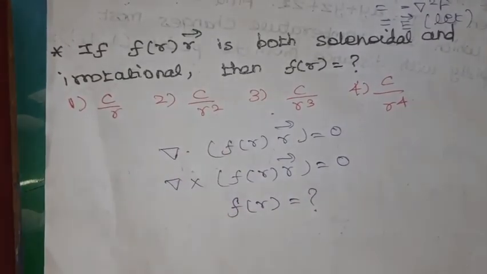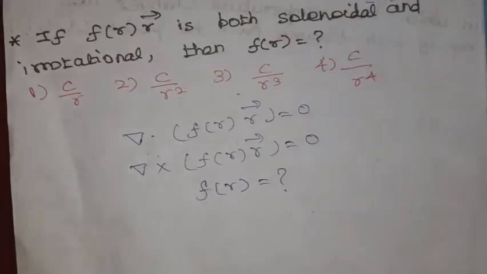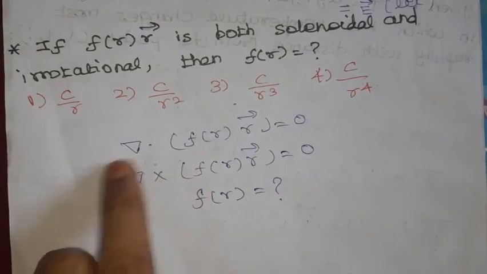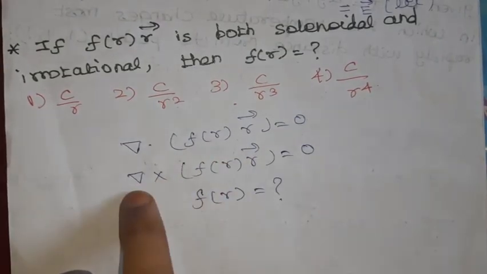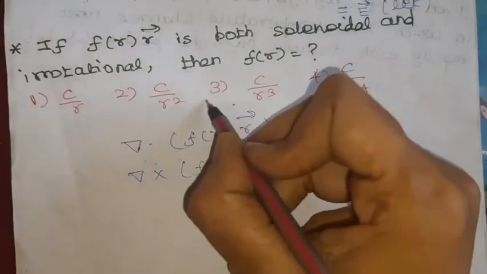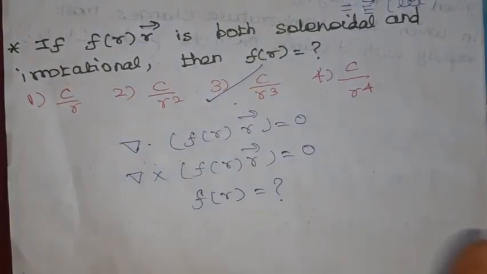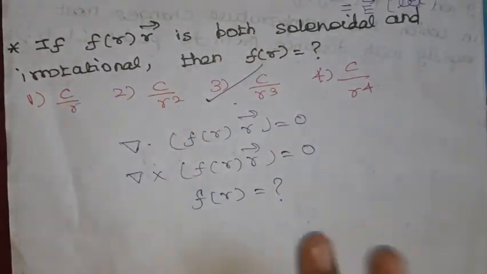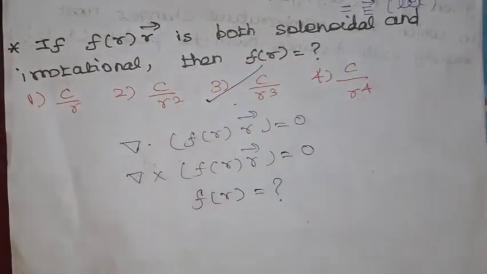How can we solve? From the options, take them one by one and apply divergence, we will get 0. For curl also it will get 0. So you can match C by r cube, only that we will get for both solenoidal and irrotational. So f of r equals C by r cube.